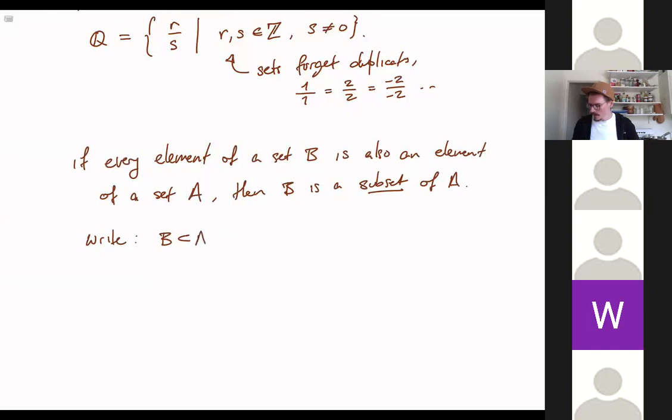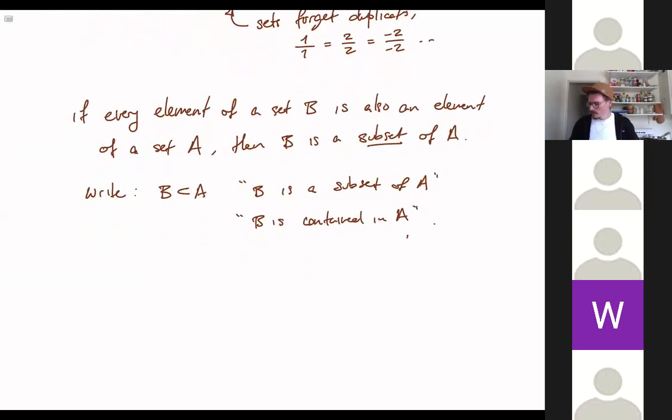So B is a subset of A. Or also you can say B is contained in A. Less common, but you may also hear it: A is a superset of B, which means that A is the bigger one. A contains B.